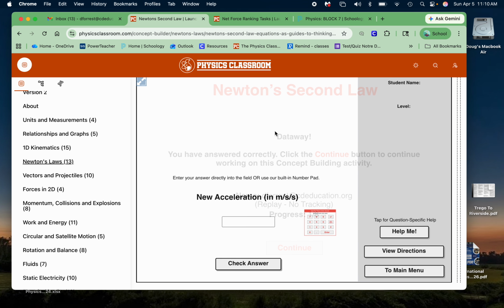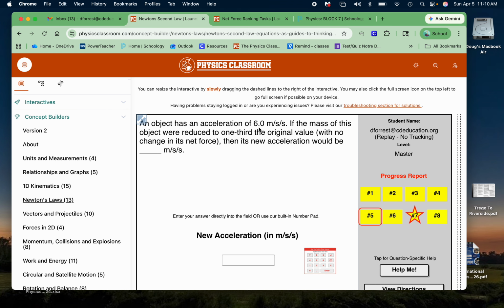Very good. Next one says an object has an acceleration of 6 meters per second squared if the mass is reduced to 1/3 the original value. So reducing it to 1/3 is essentially the same as multiplying the acceleration by 3, because your acceleration is force over mass. The mass is 1/3 as much.